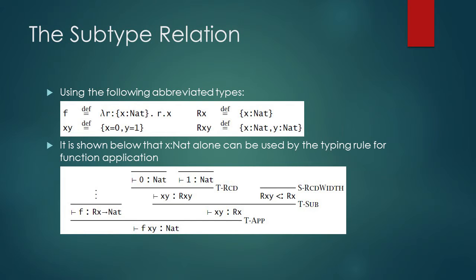We can see in slide 11, through the use of the abbreviated types there, the author's just saving space, that the X natural number alone can be used for the typing rule for function application. That concludes the first two sections of PLP chapter 15.